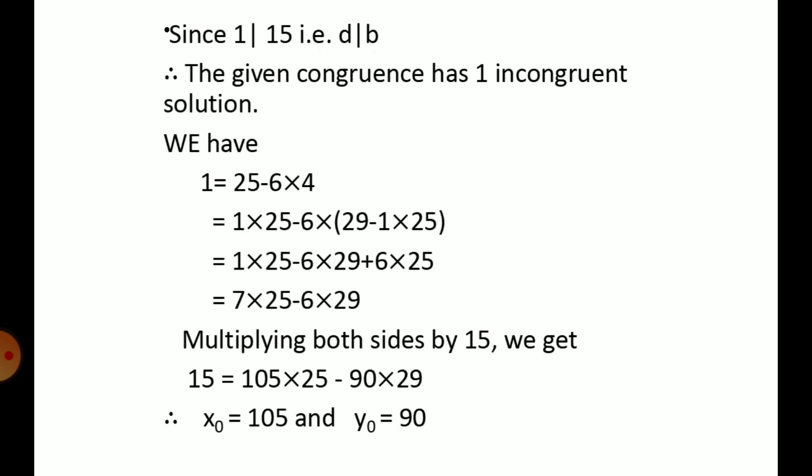Now, 1 can be written, from the reverse process of the division algorithm, we have to find the values of x and y. Therefore, 1 can be written as 25 minus 6 into 4. Then put the value of remainder 4 from the previous equation.